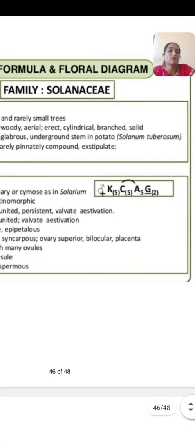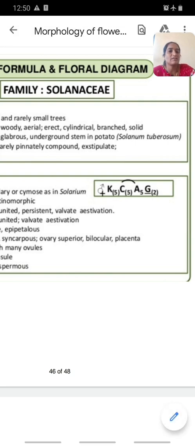Now look at the floral formula. First symbol is for the bisexual flower. Then K for calyx, and it is 5 in number, and it is noted within a bracket. A bracket indicates the fused condition. Corolla are also 5, and they are also in a bracket.